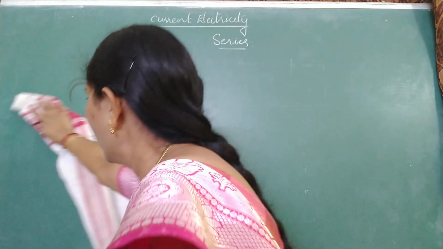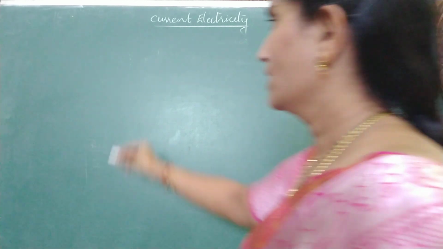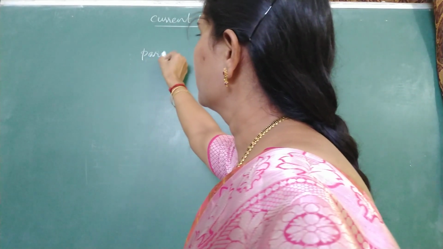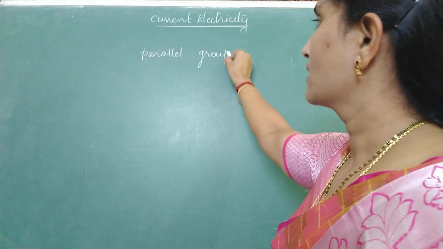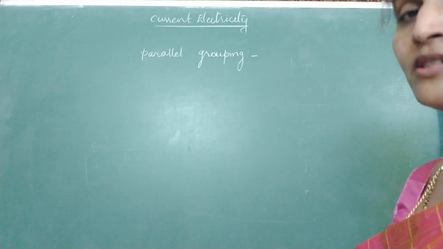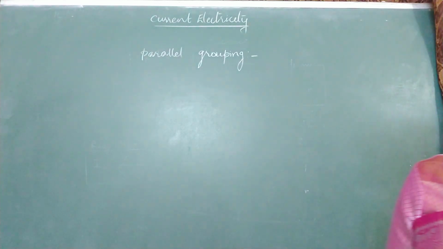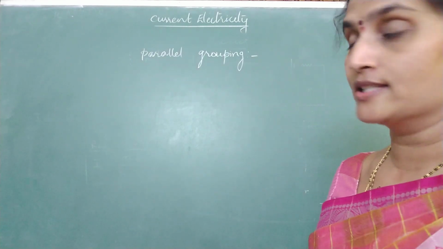We call it parallel grouping of cells. Look at parallel grouping. To make our derivation simpler, first we will begin with only two cells. Later on I will modify the relation for n cells.